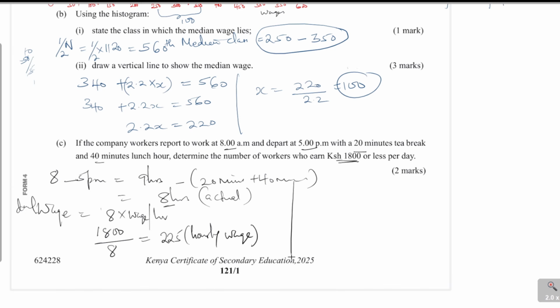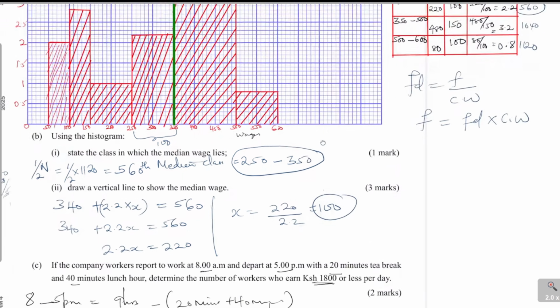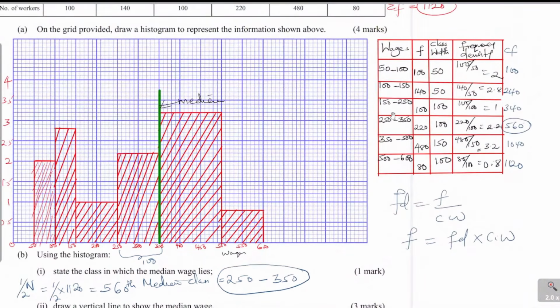So now, having that 225, we want to see how many workers will earn these. Let's go to the table. The table is going to assist us. 225 is found in the class 150 to 250.